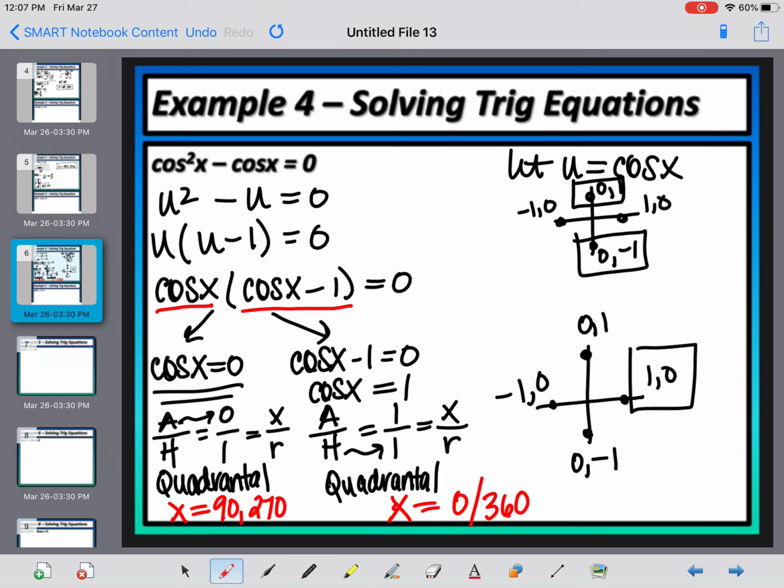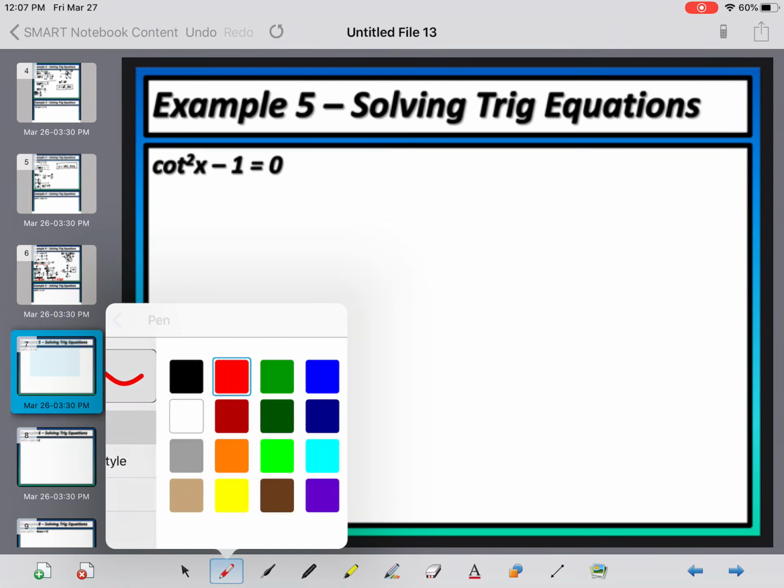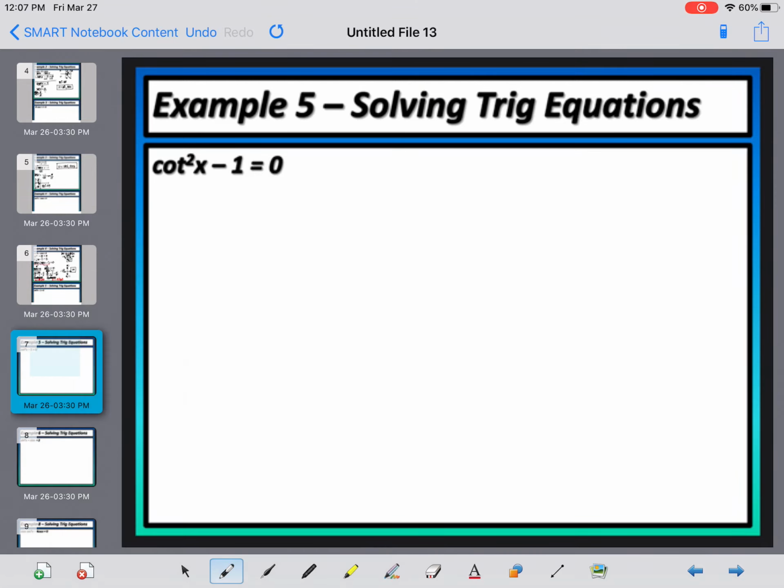Okay, so when you factor and you get 2 separate expressions here, you have to split them up and solve each one. Let's try some more complicated ones. So again, this looks like it has to be factored, so you could use a u substitution if you wanted.